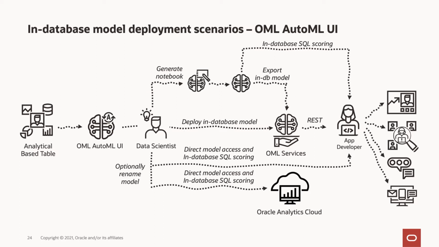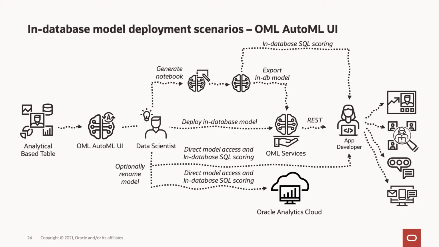So in this case, if a data scientist uses the OML AutoML UI, he has several different options. He can generate a notebook, an auto-generated notebook that's going to have the entire model settings in there. So he's going to be able to, again, do SQL scoring out of there, or export the model into OML Services to deploy it.